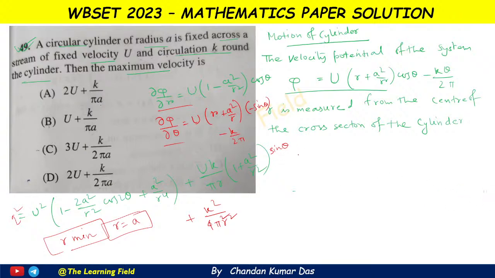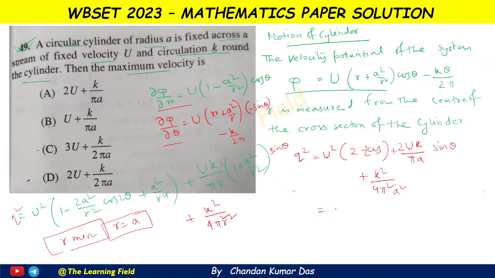If we put r equal to a, then this gives q square equal to u square into 2 minus, you check the calculations once on your own. Okay, so this plus 2uk by pi a into sin theta plus k square by 4 pi square a square.